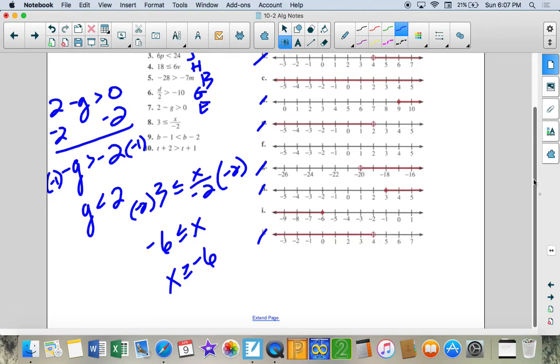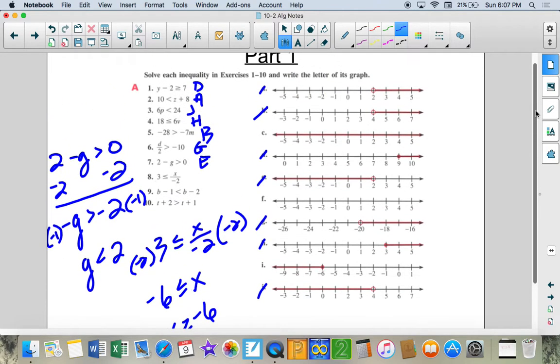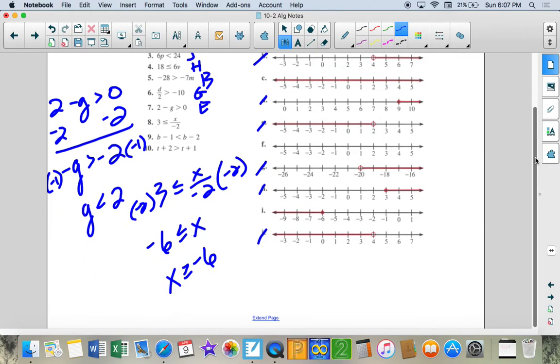So where did I make a mistake? I don't see a negative 6. I see I, but that's not a correct answer. I see C, which I see where that's going, but I don't see I. Let me make sure I wrote the problem properly to begin with. I didn't flip the inequality sign here.